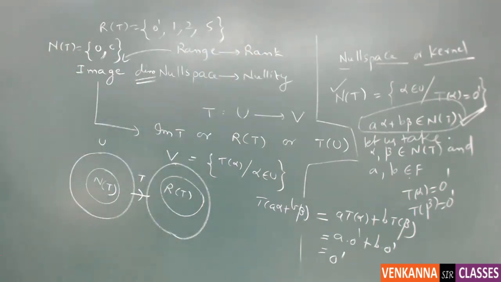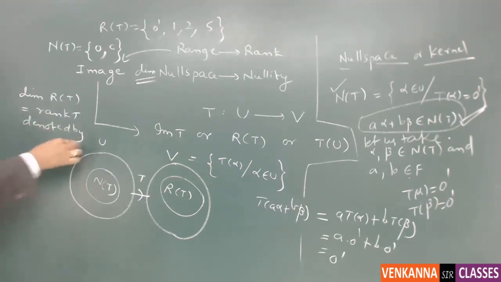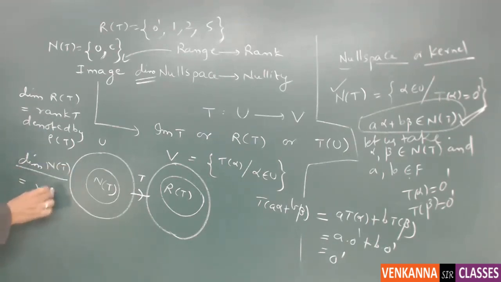So, what are these definitions? Dimension of the range space, we call it as rank and denoted with the symbol rho of T. And dimension of the null space, we call it as nullity and we denote it with the symbol mu of T. So, nullity is nothing but dimension of the null space.